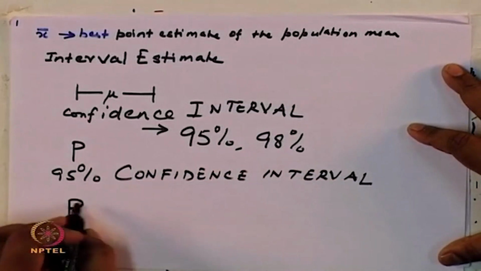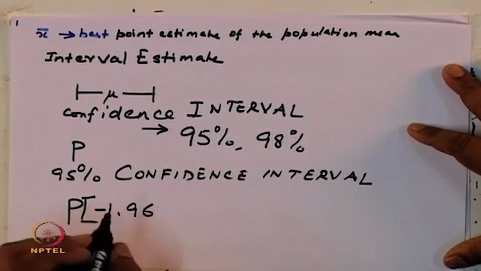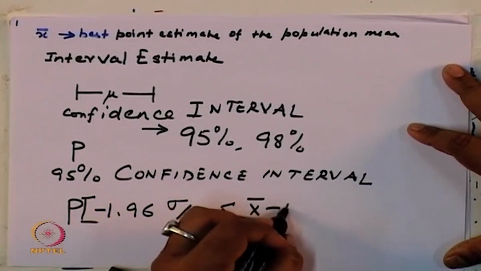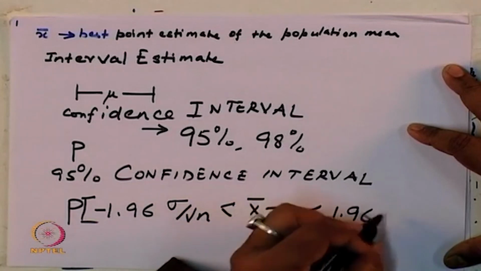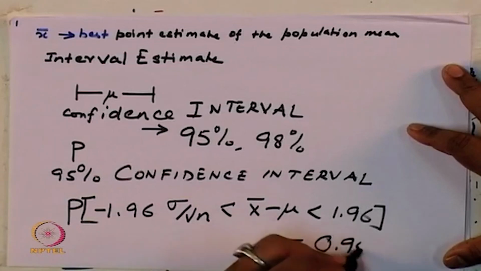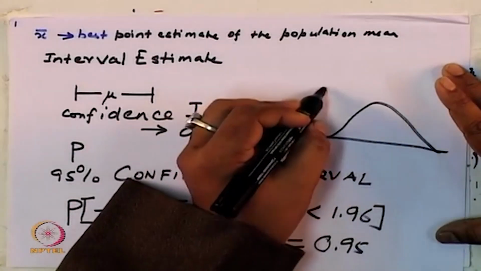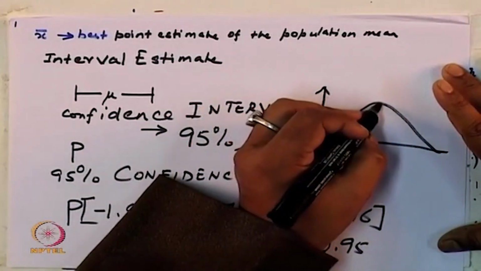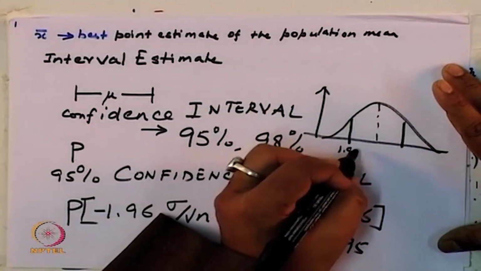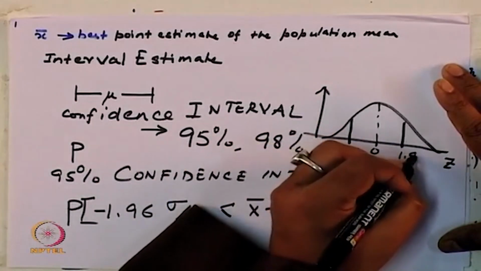We write down the probability of minus 1.96 sigma by root n less than x bar minus mu less than 1.96 sigma by root n. So, for the standard normal distribution, this is 0, this is minus 1.96, this is 1.96.